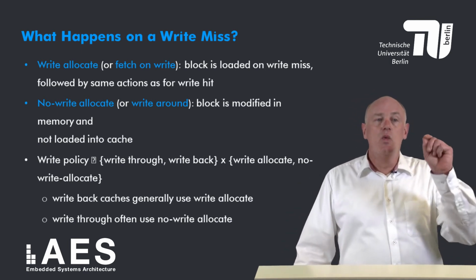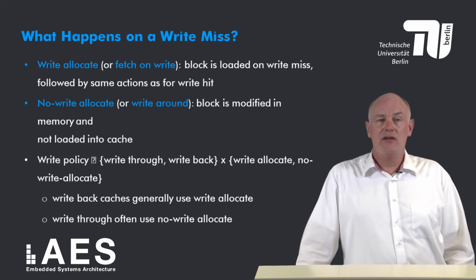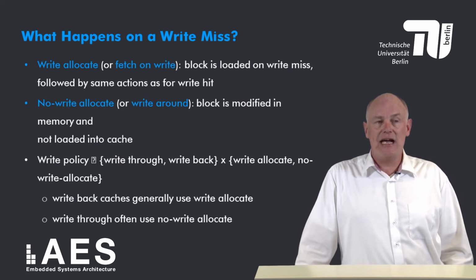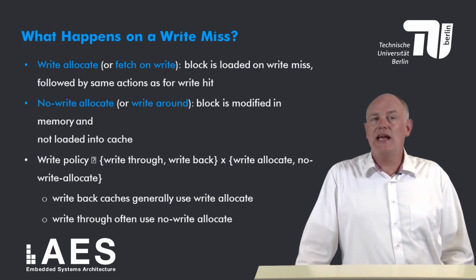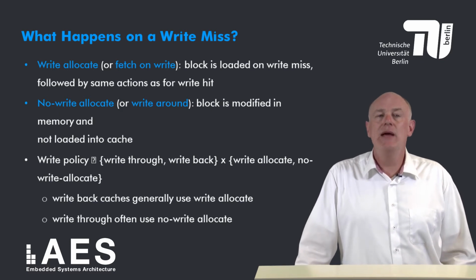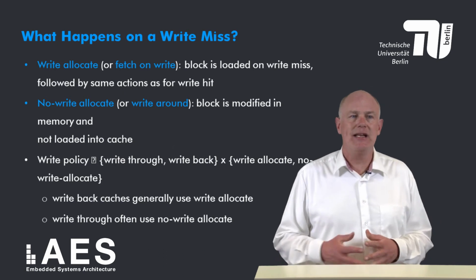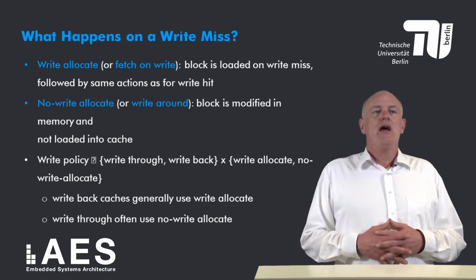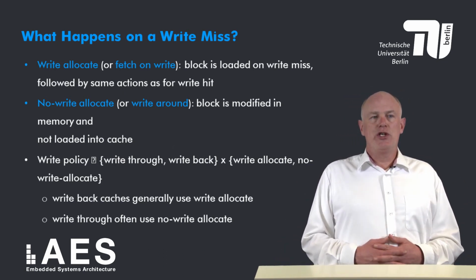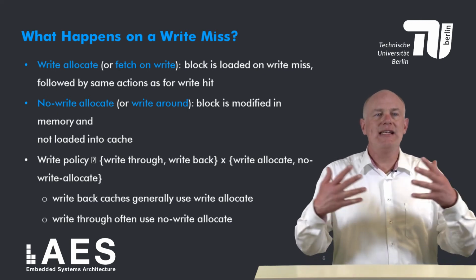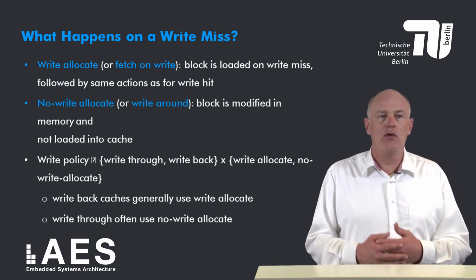This brings us to one more question regarding caches, and that is what happens on a write miss. We write data, but the data is not present in the cache. Again, there are two approaches. The first one is write allocate, or fetch on write.